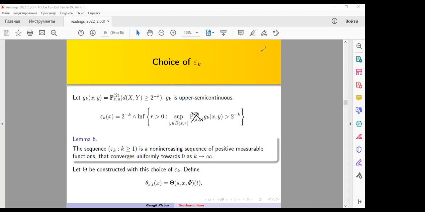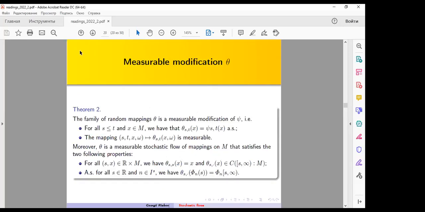Okay, then this sequence converges uniformly to 0. Now, using this sequence, we get the mapping theta, and we substitute phi into it. As a result, the family theta, which is defined here, is a measurable modification of psi.